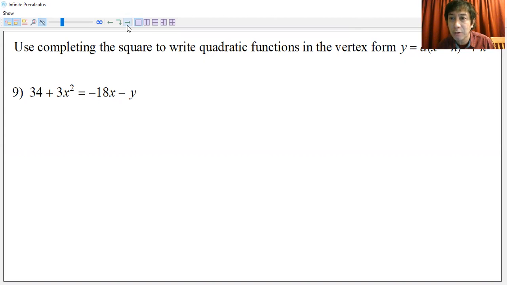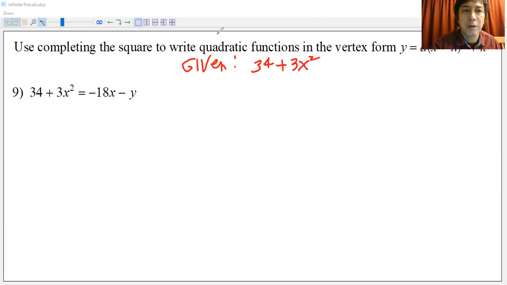The usual position of the y must be at the left side, so we shall move that y to the left side. Let's get the given first. The given is 34 plus 3x squared equals negative 18x minus y.